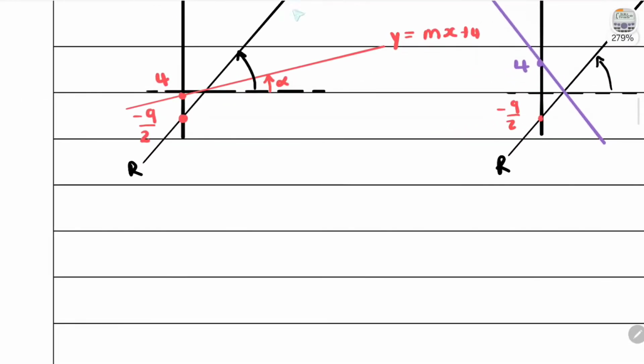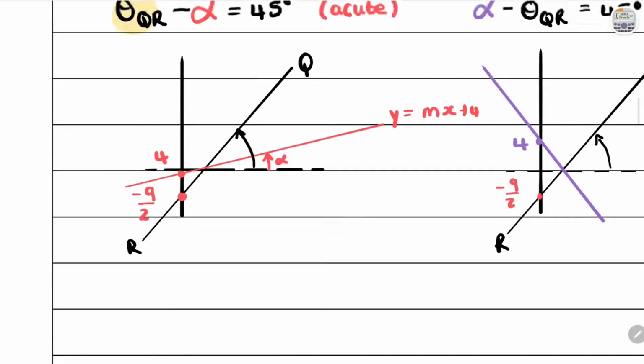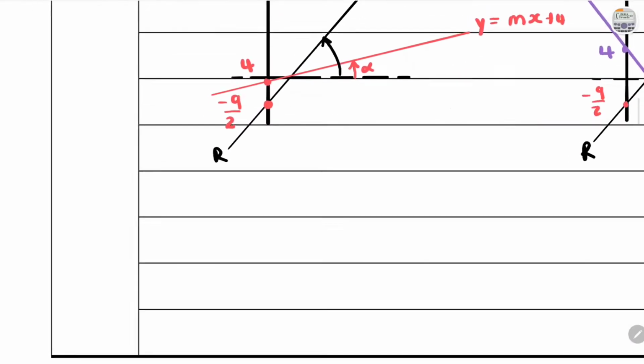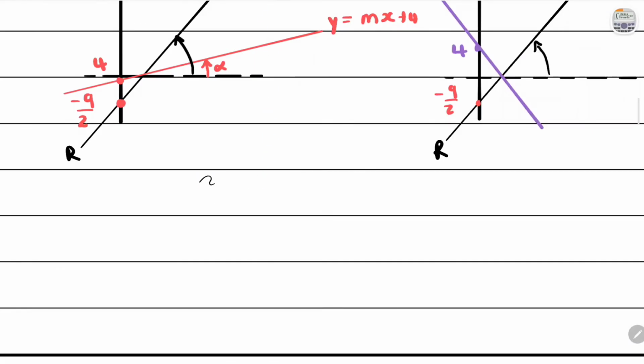Okay, so the two cases of alpha. Let's just do the calculation over here. So we're saying that 56.31 degrees minus alpha is equal to, and let's just find that acute first so we can find that reference and see whether it should be obtuse or acute.